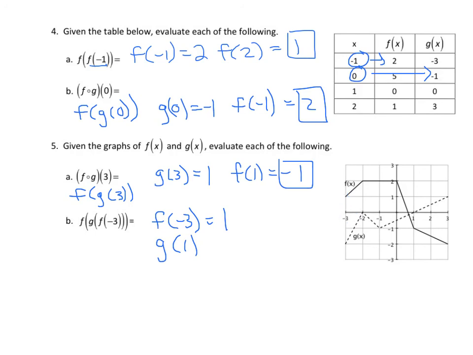We go along the x-axis to 1, which is right here, and the value of the function g at that point, since the dotted line is crossing the x-axis, the y value is 0. So g of 1 is 0, and now we have to find f of 0. And f of 0 would be 2, which is our final answer.